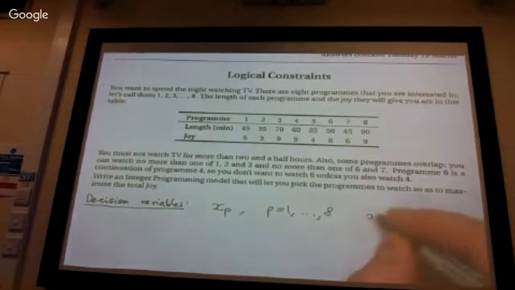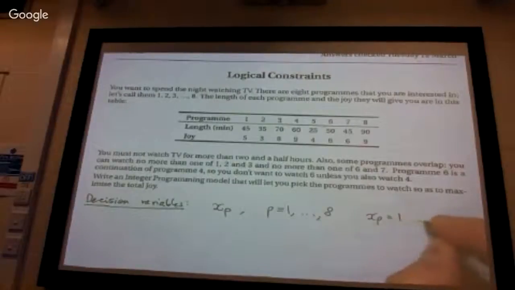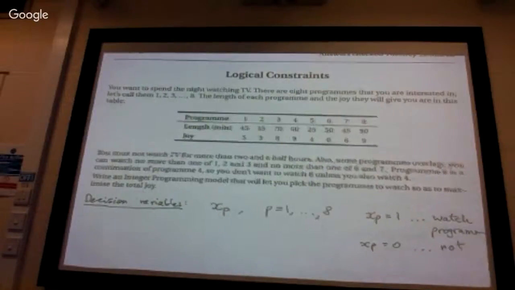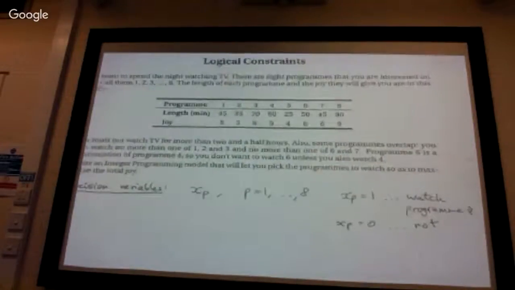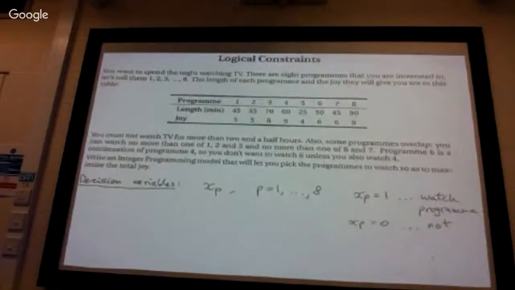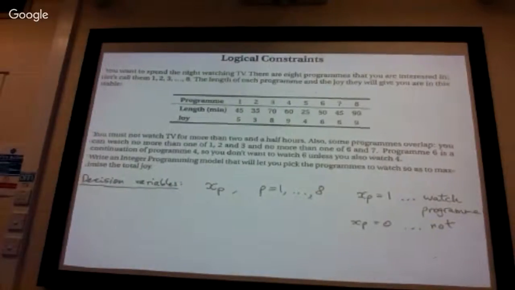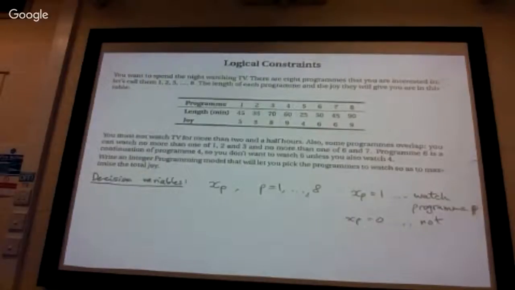So we want XP to be 1, which means watch program P, and we want XP to be 0, which means do not watch program P. So that is hopefully not surprising anymore after all we've been doing.